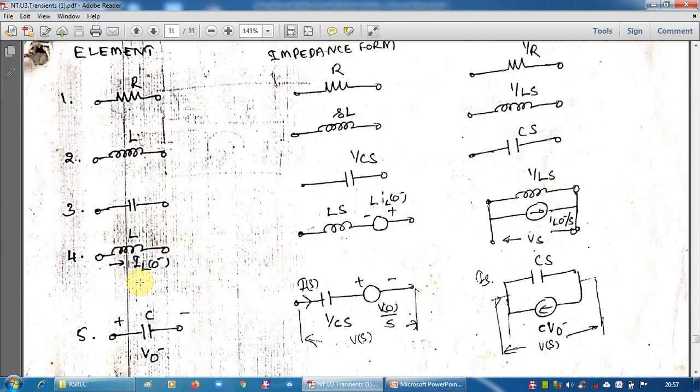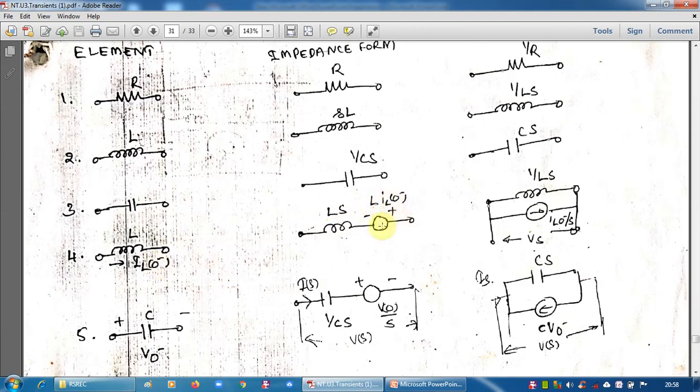Now same L, if it has some initial current like this, you see, here there is no initial current. That means L is fresh, no initial current. Whereas here, this is used inductor. It has some current in it initially. If the inductor has initial current like this, then it is to be represented like this. Not simply Ls, but Ls in series with a voltage source of value L into this value I_L of 0.